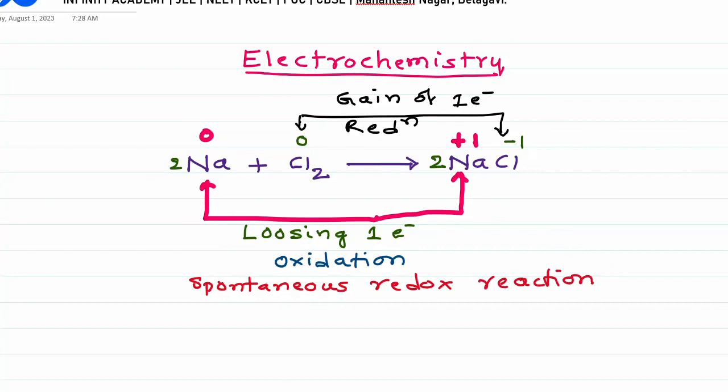Now see the beauty of this reaction. By any means, by using a wire, imagine that we are able to transfer the electron lost in the oxidation part to the reduction part externally using a wire.